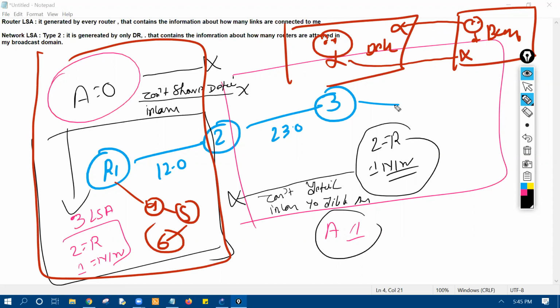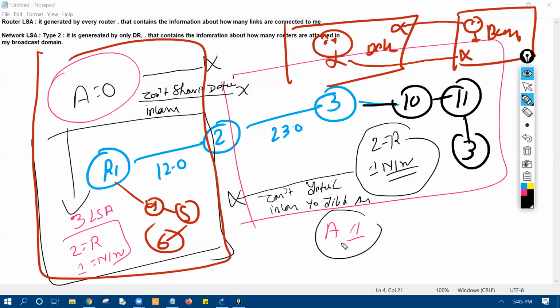Whatever routers sit in area number 1, R3, R2, R10, R11, have complete information. But I cannot share the detailed information to you, and you cannot share the detailed information to me. Directly they cannot share. Otherwise, just take an example, what would happen? There would be no need for areas.